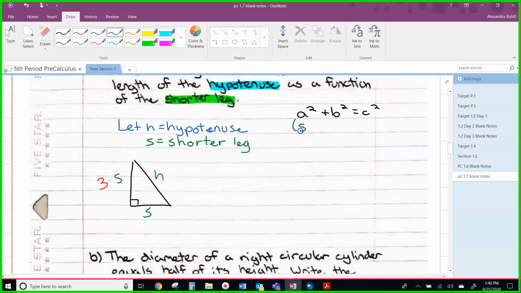So I have s squared plus 3s squared equals h squared.